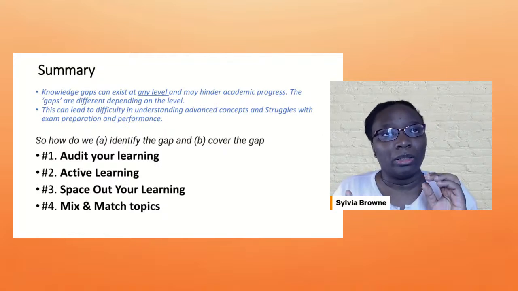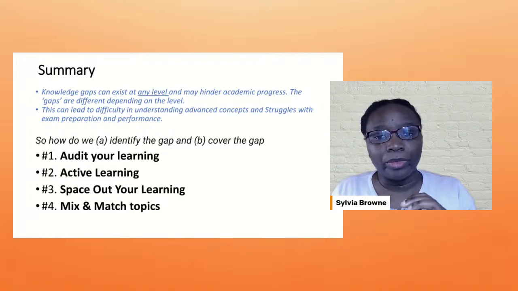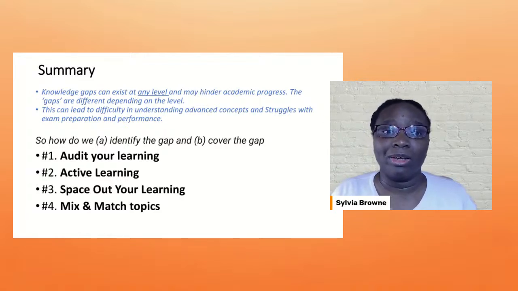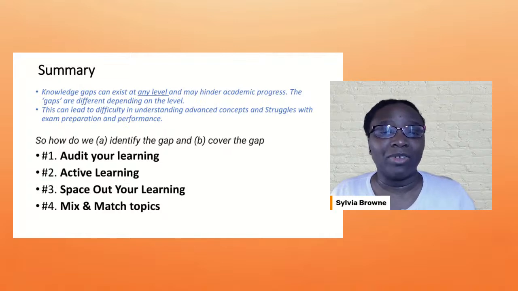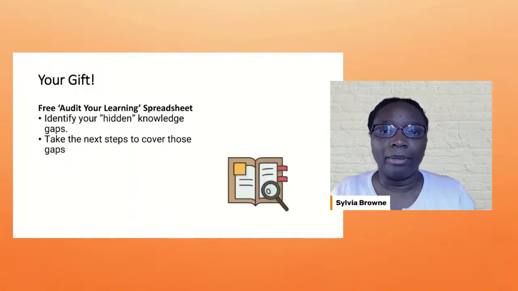So we need to identify the gap and cover the gap. We identify the gap via auditing and learning, and there's various methods I've already given you with regards to that. We cover the gap using active learning methods that help us retain information, spacing out our learning, and mixing and matching various topics.